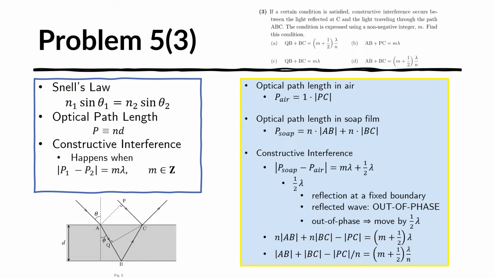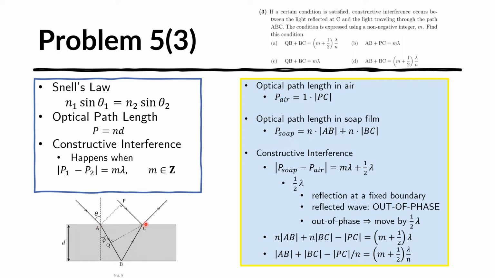For this problem, we need to find the constructive interference condition, and we said that that is when the difference in optical path lengths is an integral multiple of the wavelength. So we need to compute the optical path length in air, which is PC, and the optical path length in the soap film, which is ABC.